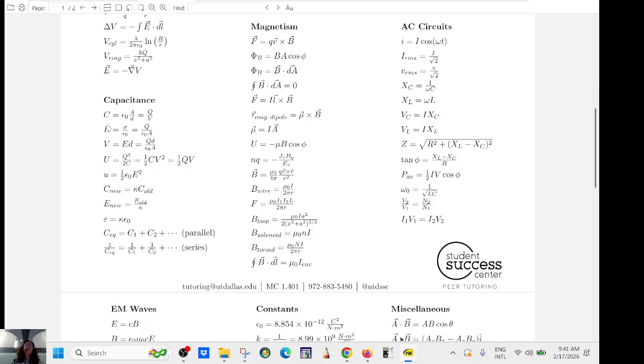So capacitance is the amount of charge you can store per unit volt. So it's like capacity. Capacity is like a volume. If you have a large beaker, you can hold a lot of water. If you have a small beaker, it's going to be a small amount of water. So same thing here.